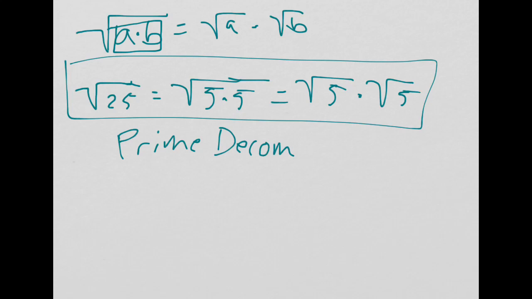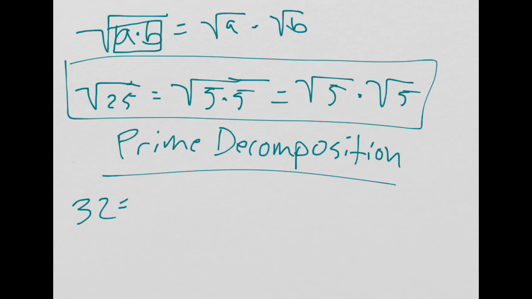Now, another key idea here is prime decomposition. Basically, what that says is that whatever number you give me, say it's 32, you can always break that up into a product of prime numbers. For example, 32 is an even number, so I can divide it by 2. I could write that as 2 times 16, 2 being a prime number.